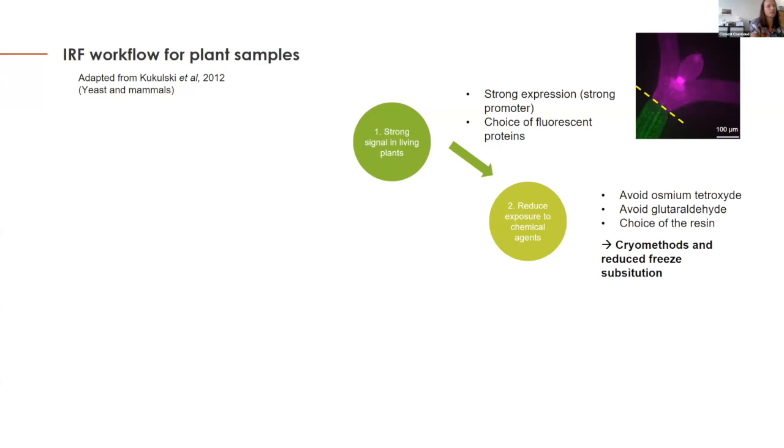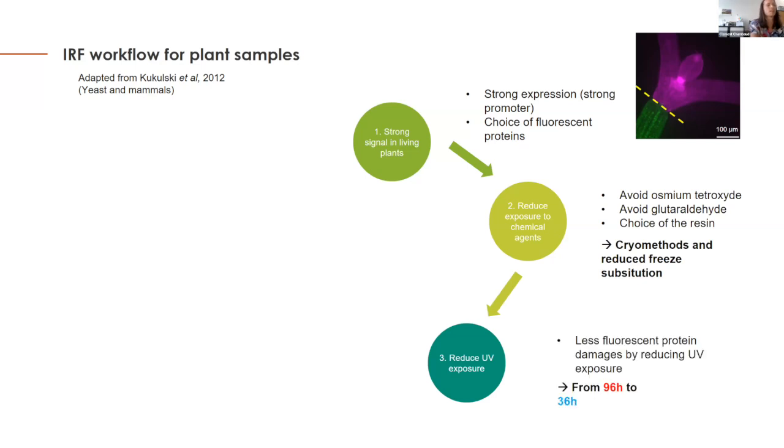To do so, we used cryo methods, and we also reduced the time of freeze substitution. We chose a resin that polymerizes with UV, and to limit the photo damage due to the UV light, we reduced the length of polymerization to its maximum tolerable limit to preserve our fluorescent protein.